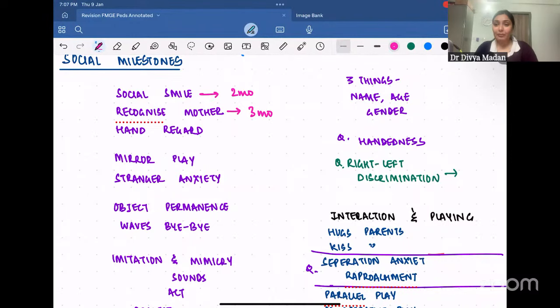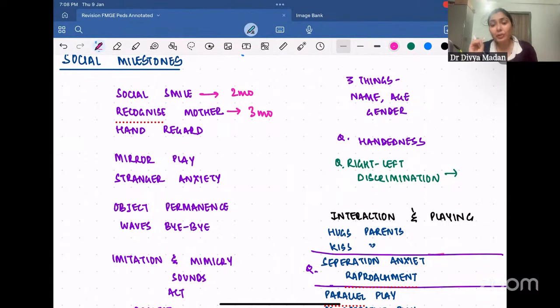After that, what happens? The child will lie down and look at the hands like this, right? Look at the own hands. What the child is doing, the child is appreciating his own hands. This is hand regard, right? Child initially gives regard to the mother, and now the child is recognizing self, giving regard to himself. And this is a developmental milestone.